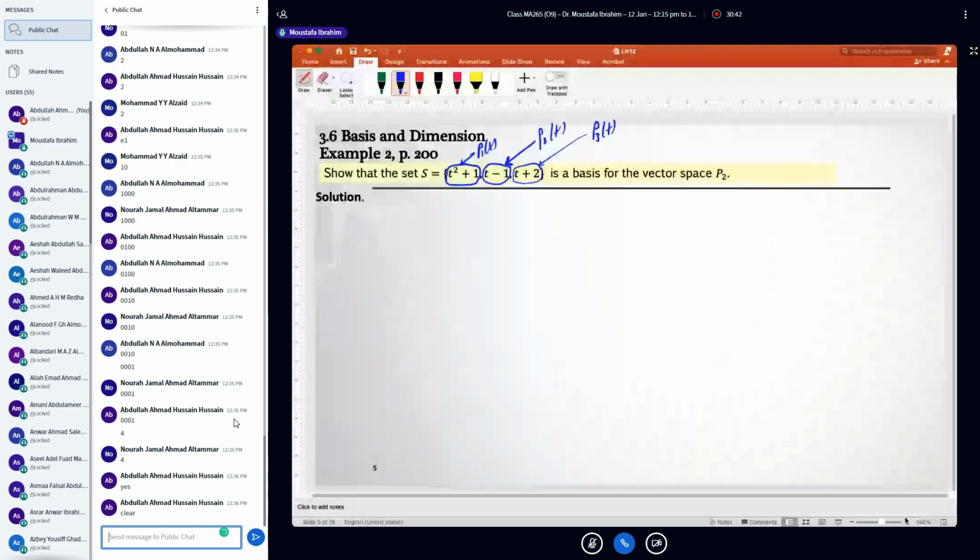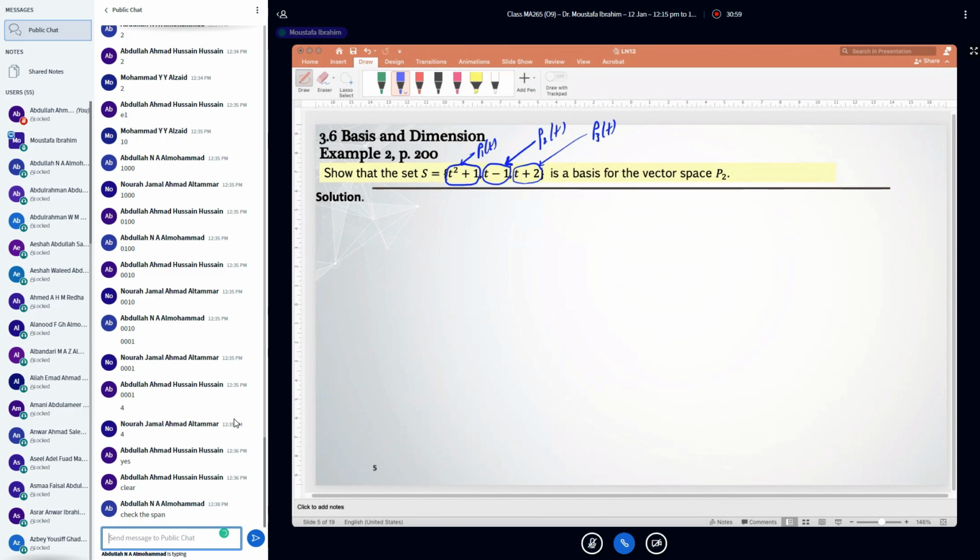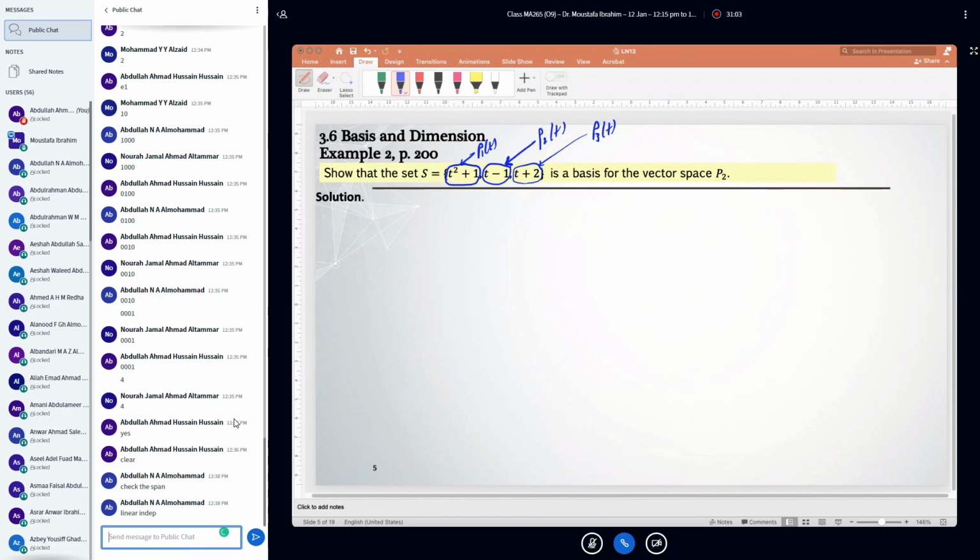So what should we do, guys? Check span and linear independence. Very good.